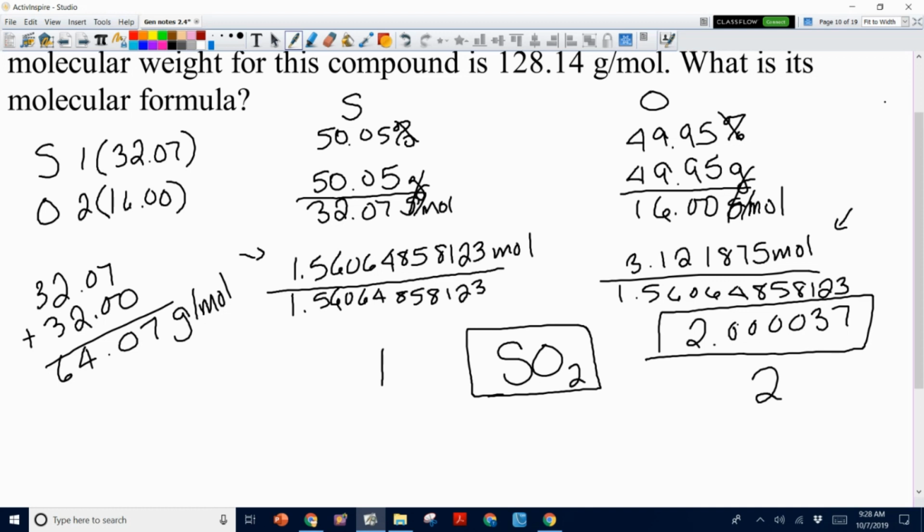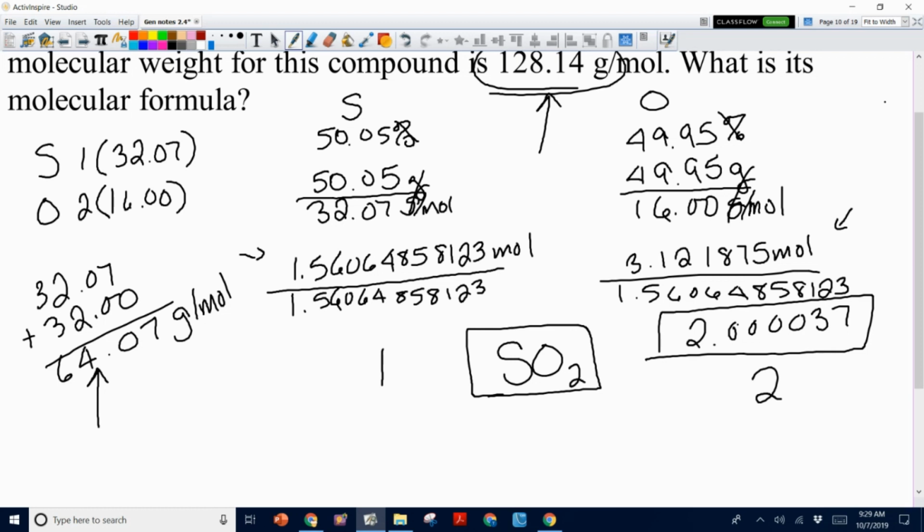The true formula is 128.14. So if we look at this, we see that the 128.14 is a multiple of this number. If I took 64.07 times 2, I'm going to get 128.14.